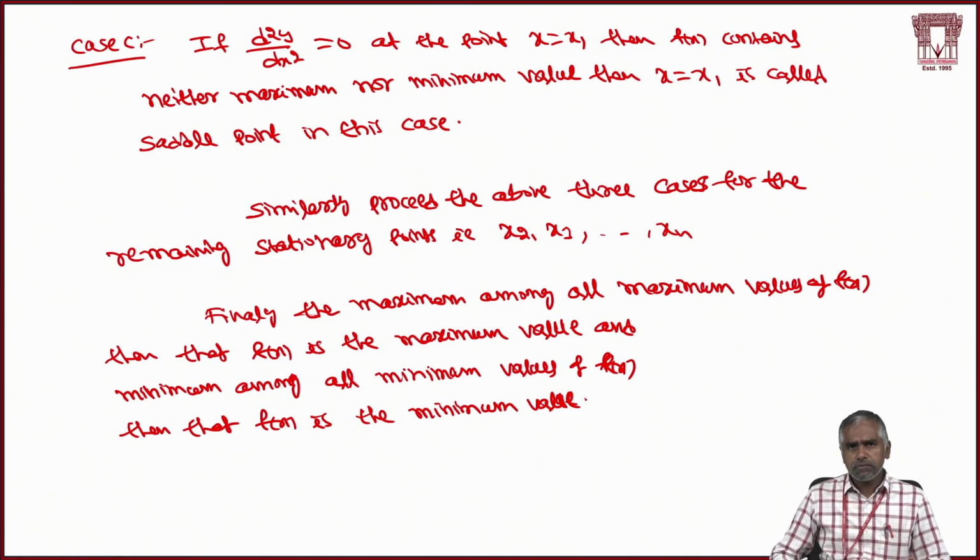To conclude finally which is the maximum value of f of x and which is the minimum value of f of x, we have to identify the maximum among all maximum values of f of x and the minimum among all minimum values of f of x. Then the particular values are known as the maximum and minimum values of the given function y equal to f of x respectively. So this is the procedure to calculate minimum and maximum value of a single variable function.